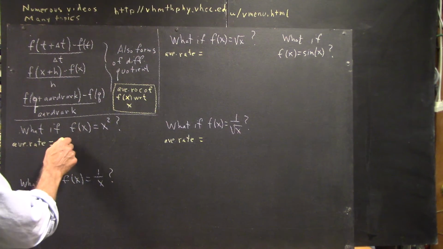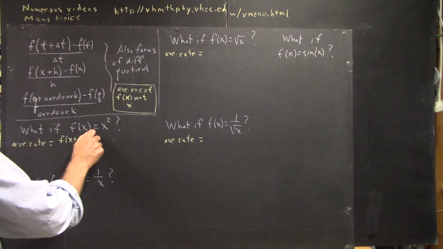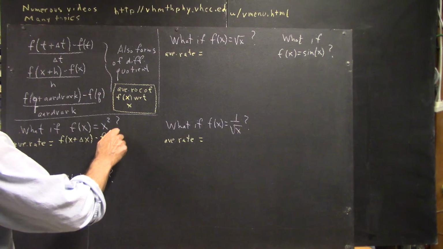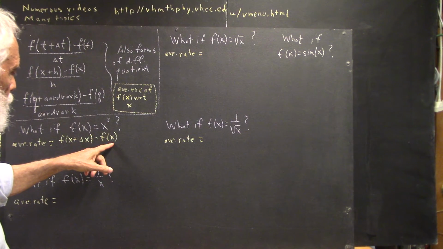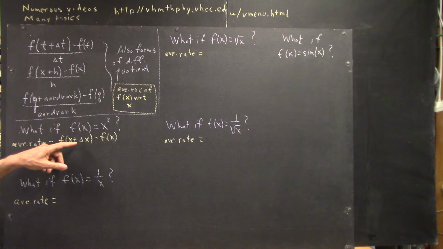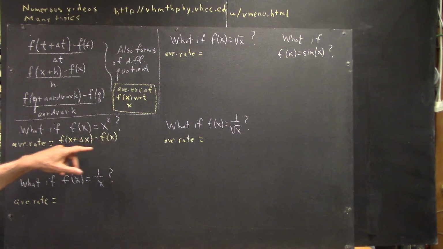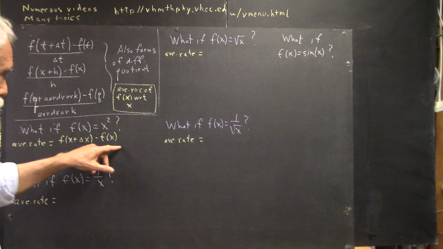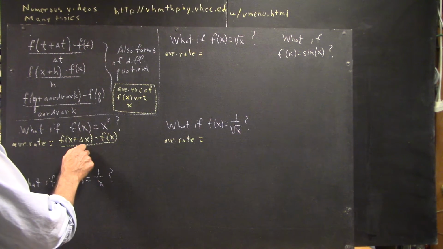Okay, the average rate would be what? It's f of x plus delta x minus f of x, because if your value is x and then that value changes by delta x, then you're going to be evaluating f at x and at x plus delta x to get the change in x, and make sure you review if necessary to understand why that is.